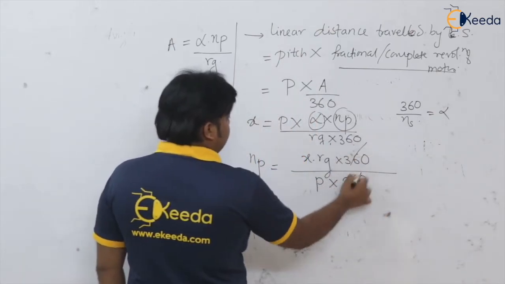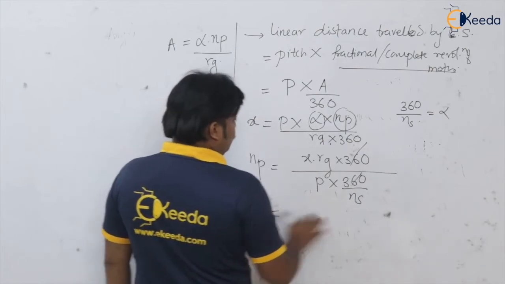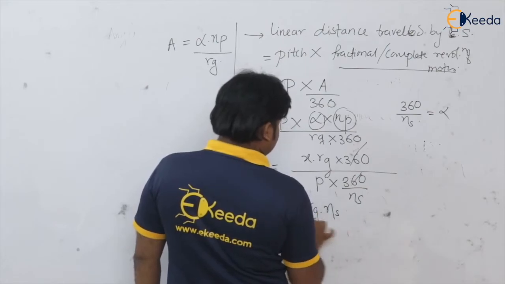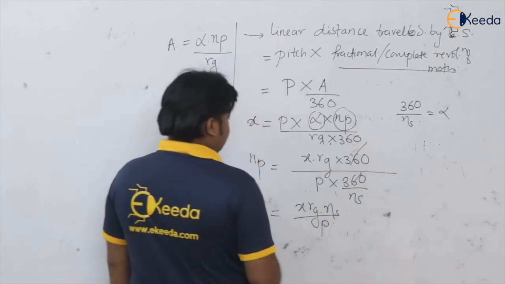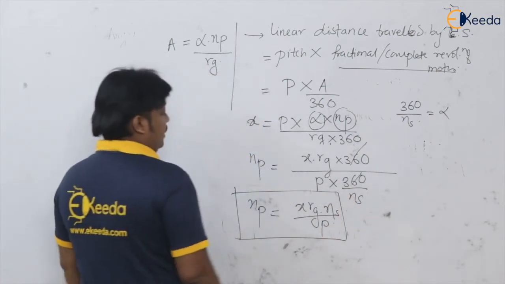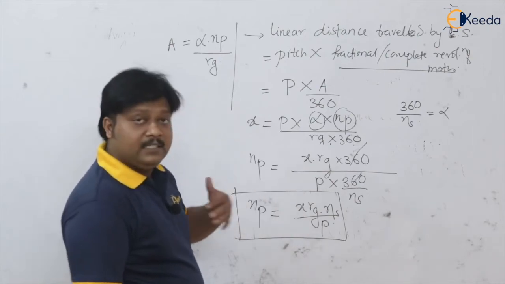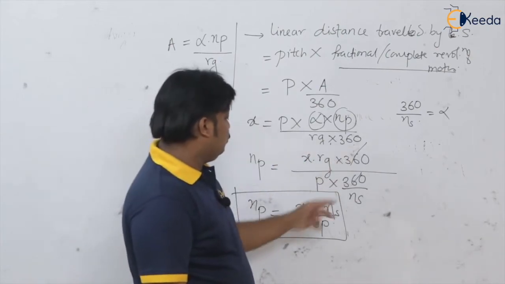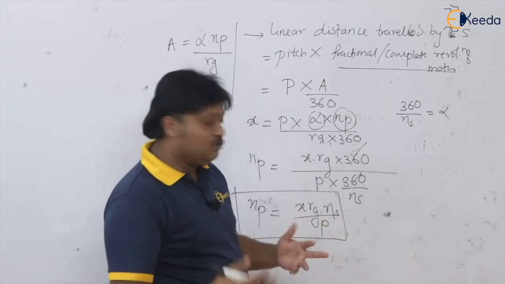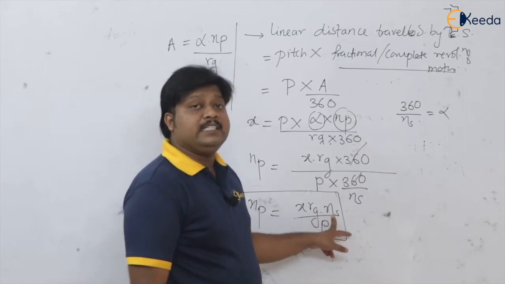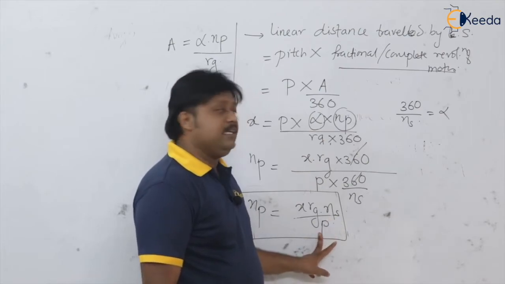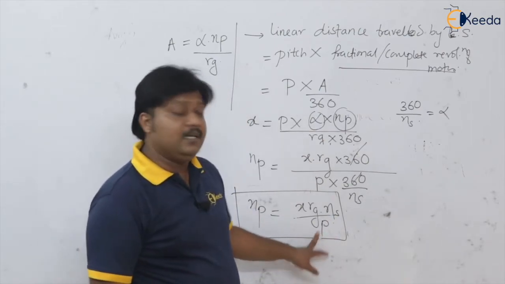So the 360 gets cancelled. NP is equal to X RG into NS divided by P, where X is the linear distance traveled by the lead screw, RG is the gear ratio for the reduction of speed for the lead screw, NS is the number of steps, which should be an integer, divided by the pitch of the lead screw in mm per revolution.